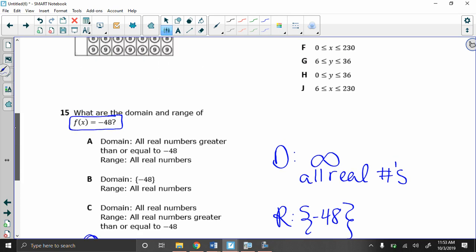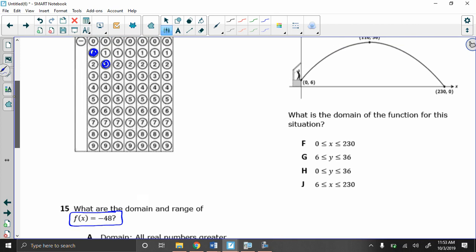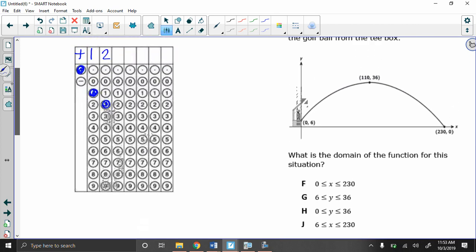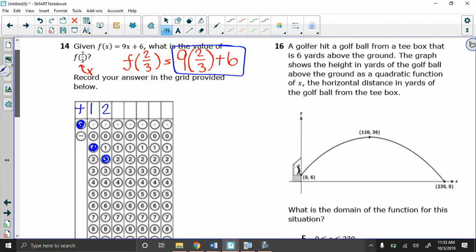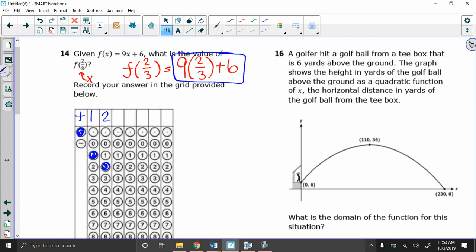And then the last question that we're going to look at is number 16. So number 16 says a golfer hits a golf ball from a tee box that is 6 yards above the ground. The graph shows the height in yards of the golf ball above the ground as a quadratic function of x, the horizontal distance in yards of the golf ball from the tee box.